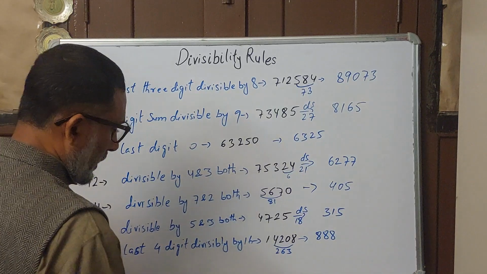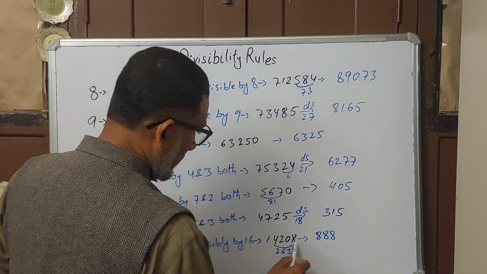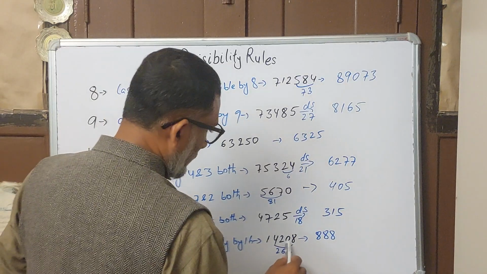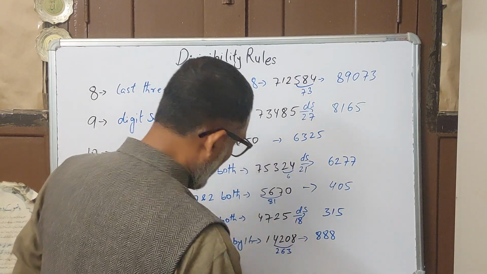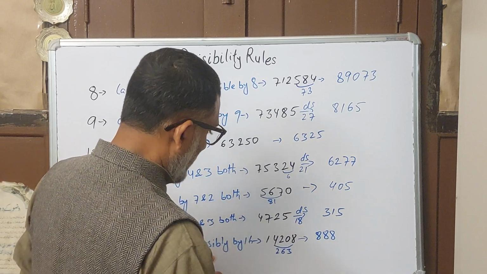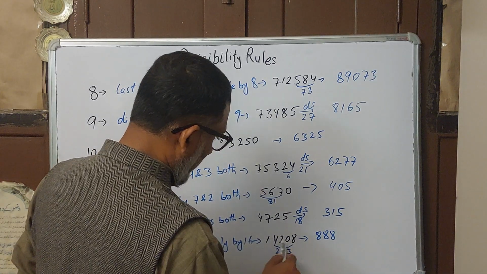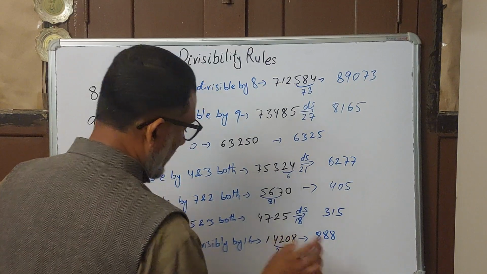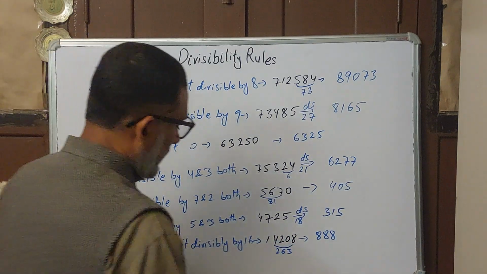And for a larger number, if the last 4 digits are divisible by 16, that means the number is also divisible by 16. So here 08 is divisible by 4. That means it may be divisible by 16 or not. We will check further with 4 digits. If it is not divisible by 4 for 2 digits, there is no need to check further.